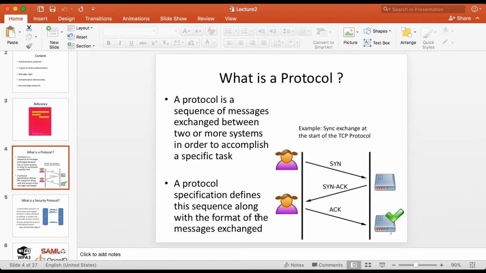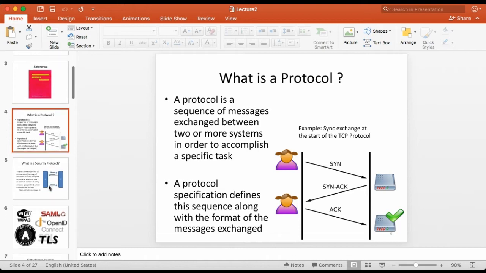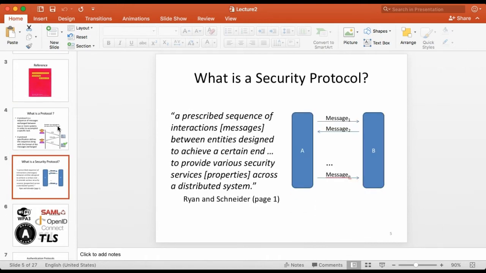We call that a protocol specification, and it will define the sequence of messages, and most of the time also gives us the format of the messages that are being exchanged. We would like to know exactly what each message contains inside itself.